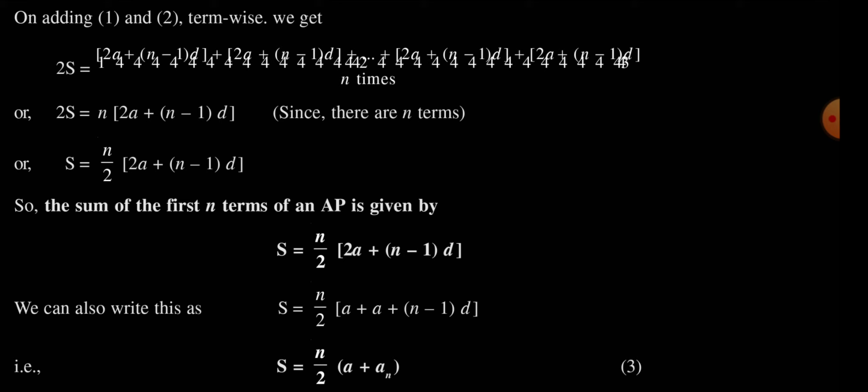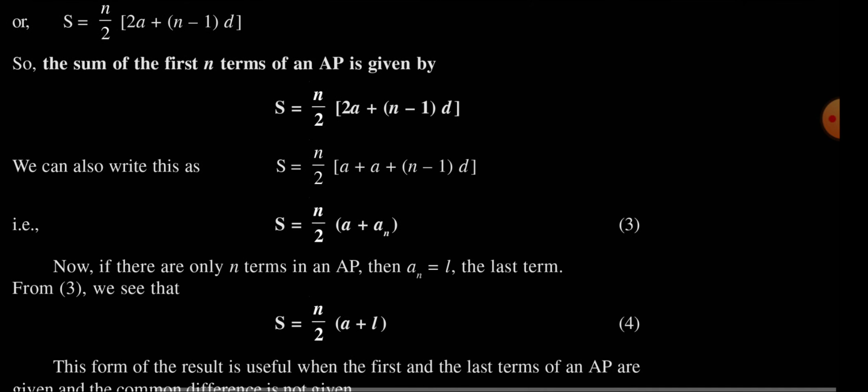So 2S is equal to n times (2a plus (n minus 1)d). Since there are n terms, S is equal to n upon 2 into (2a plus (n minus 1)d). So the sum of the first n terms of an AP is given by S equals n upon 2 [2a plus (n minus 1)d].